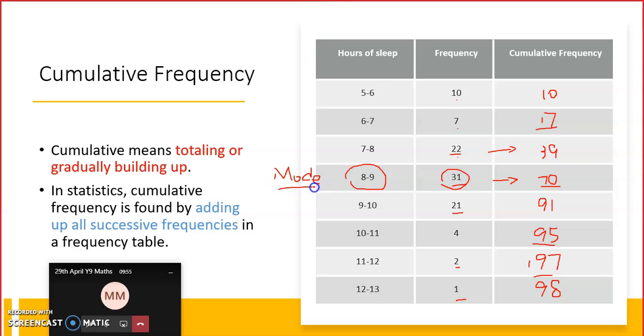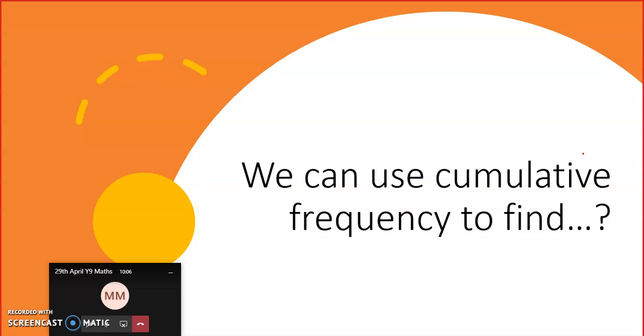So most people sleep 8 to 9. That's the only thing we can tell from this list. Once we have the cumulative frequency, we will be able to find the other two, which is the mean and the median. So we'll see how that works.